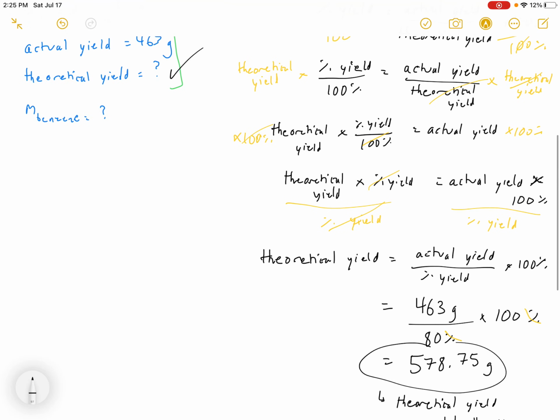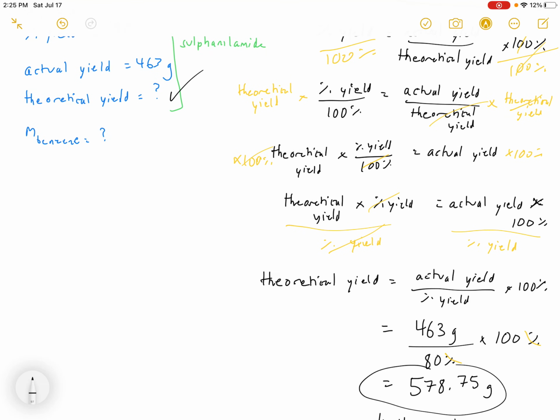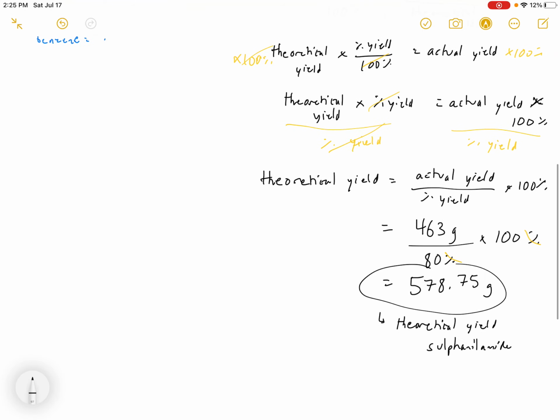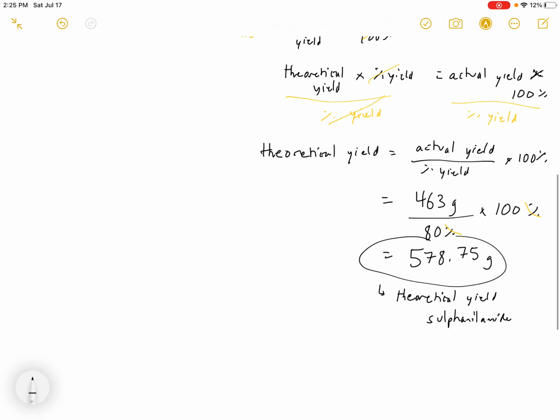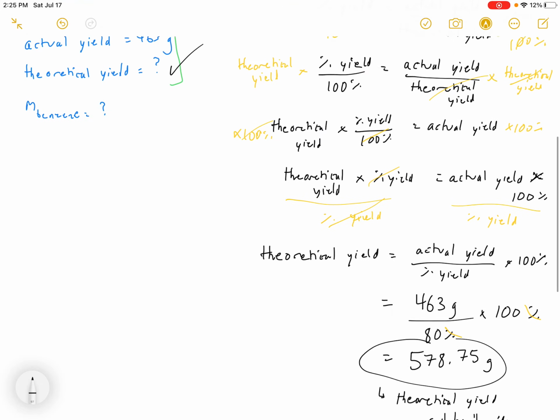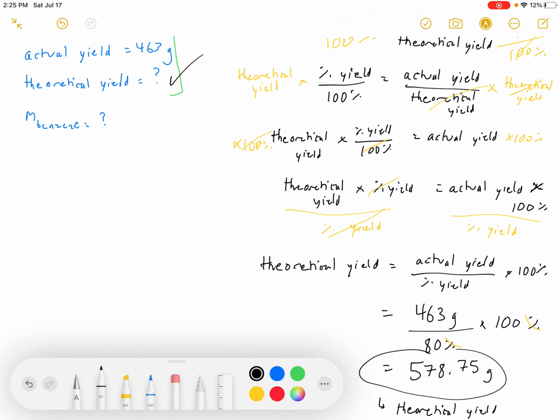So we've now found that piece of information, and we just want a mass of benzene. So now at this point, you see how we have a mass of sulfanilamide, and we want a mass of benzene.